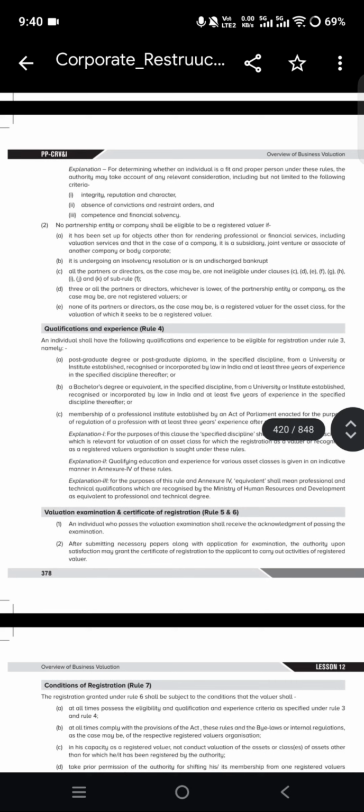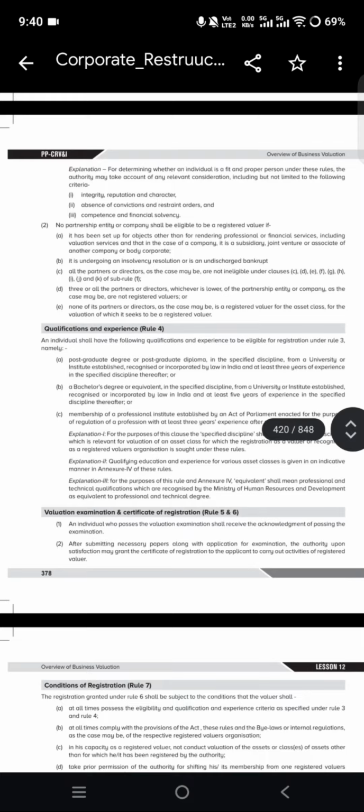First, a post-graduation degree or post-graduation diploma in the specified discipline from a university or institute. Or a bachelor's degree or equivalent in the specified discipline from a university or institute established, recognized and incorporated by law in India. In the first one, there is at least 3 years of experience.